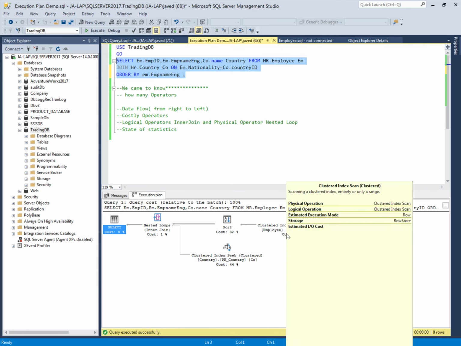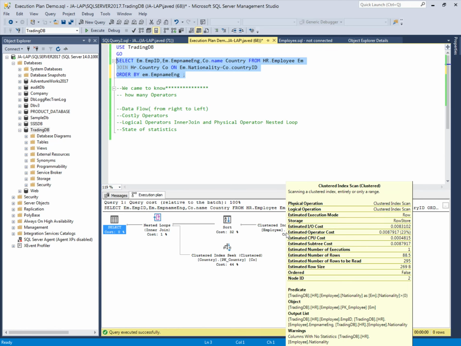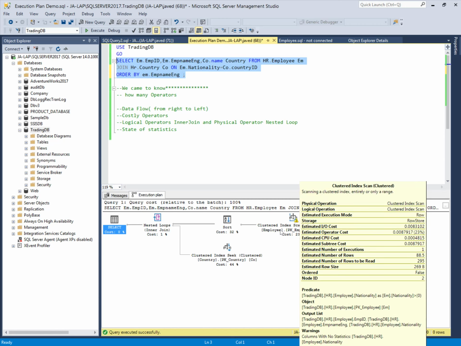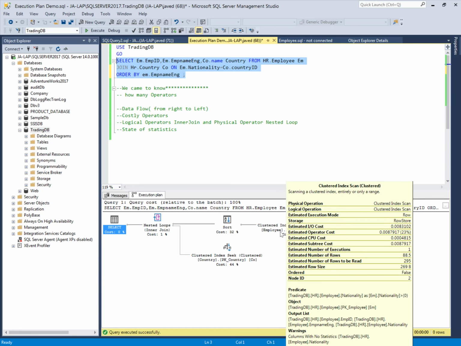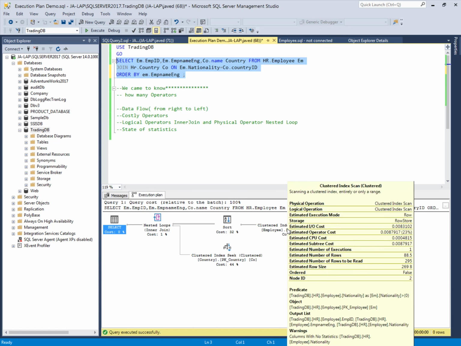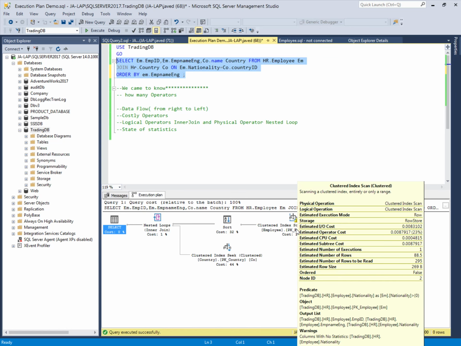When we study this query execution plan, we have to go from right to left. If we look at the most right operator, which is the clustered index scan, and study the details of this operator, we can see a lot of information here.